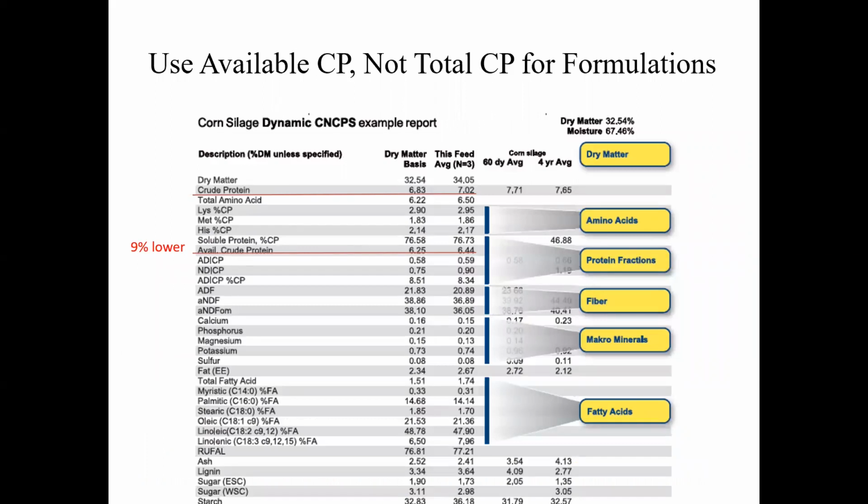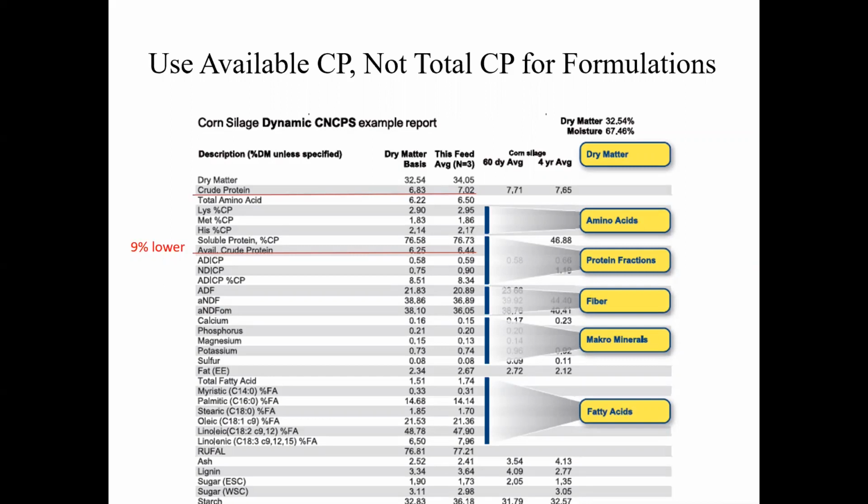One of the things I always recommend is that when a producer has forages, they take a forage analysis. What I want you to see here is that on the second line down, crude protein, on this particular sample that was corn silage, on a dry matter basis, was 6.83% crude protein.